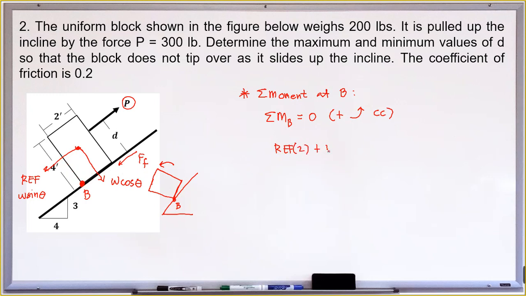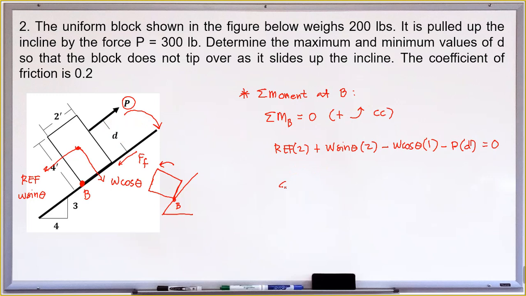So 2 plus W sine theta times 2 kay same naman sila with REF or same with the reverse effective force minus W cosine of theta and the perpendicular distance of the vector W cosine theta with respect to the pivotal point is half of the width. So that is 1 minus the force P kay makaproduce gyapon siya og clockwise nga moment with respect to B, that is P times iyang perpendicular distance, that is D. That would sum up to 0.